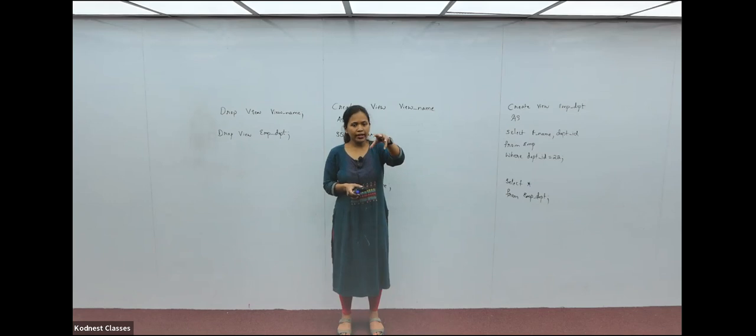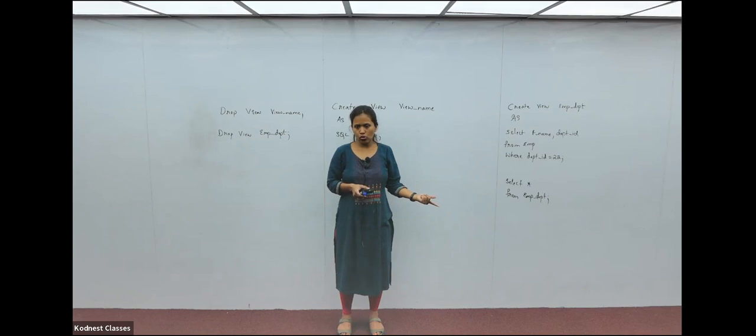On that, you first create a view on some particular data and try to make any of these changes. Are the changes getting reflected on the view also? That observation you have to make. Is this clear, everyone?